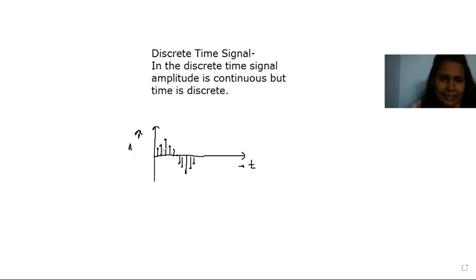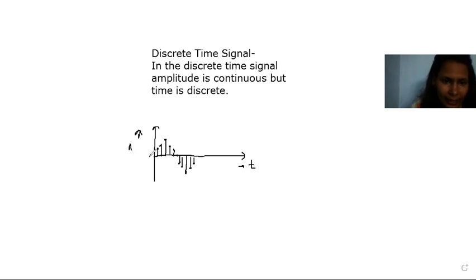In the discrete signal, on the y-axis, we are taking amplitude. You can see that amplitude is continuous in the discrete signal.